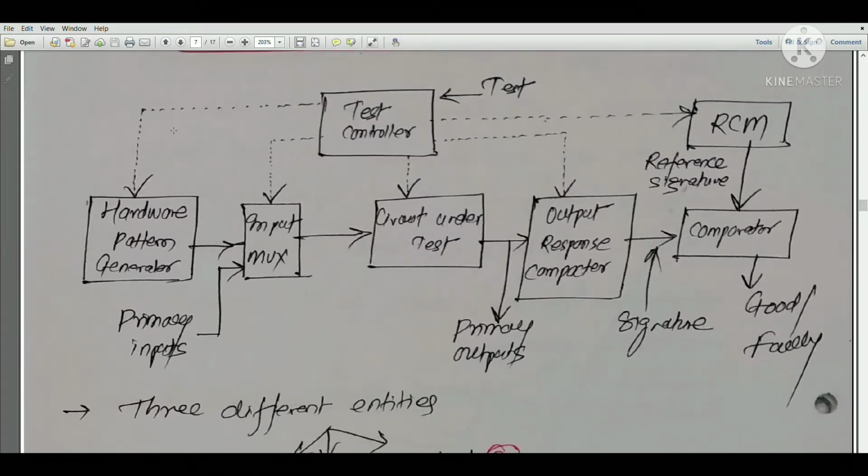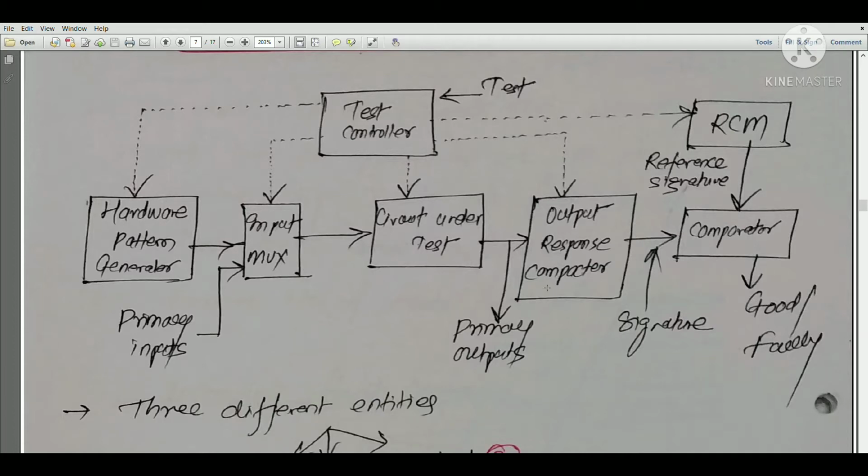The hardware pattern generator creates the number of patterns and different test vectors, and then the multiplexer input will be there. Depending upon whether we are applying the primary inputs, as in the scan based design, or the pattern generated by the hardware pattern generator, it will decide, and the circuit under test will go for the testing.